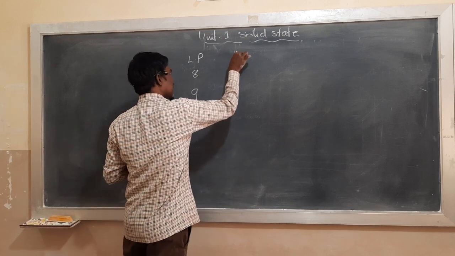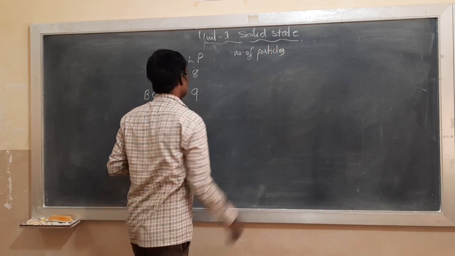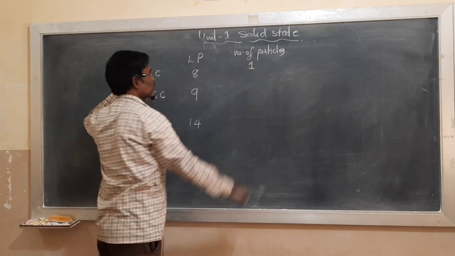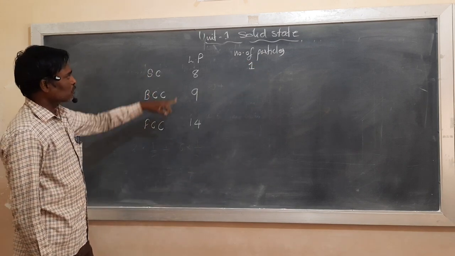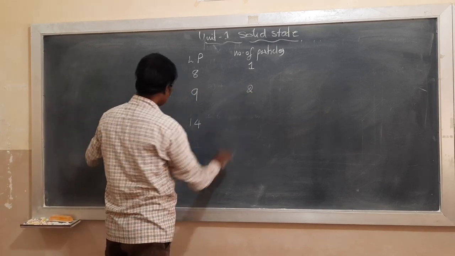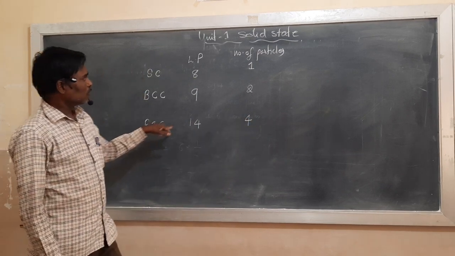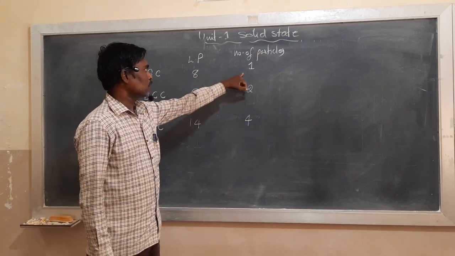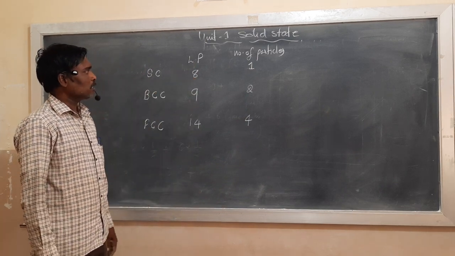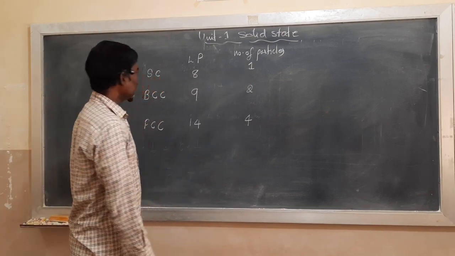And the number of particles in the simple cubic unit cell is 1, because there are only 8 corner particles with contribution 1 by 8 each; in BCC it is 2, and in FCC it is 4. This is very important. Don't confuse lattice points with the number of particles. Lattice points show only the relative positions of the constituent particles in the unit cell, and these are the total number of particles present in that unit cell.